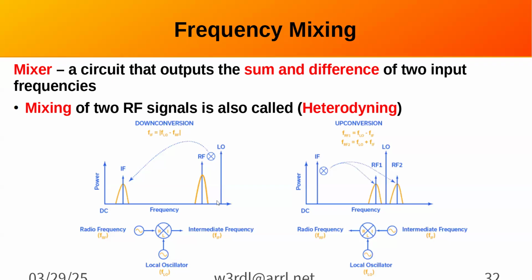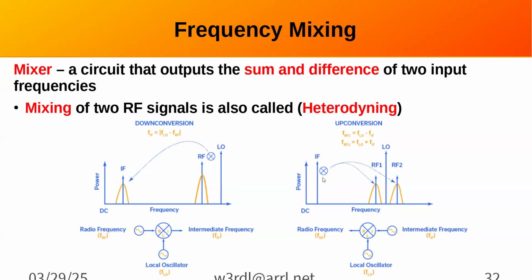So the local oscillator frequency is higher than the received frequency. And then, they're so far away, it's easy to get rid of that if you need to, because in your IF amplifier strip, you only care about amplifying this passband.